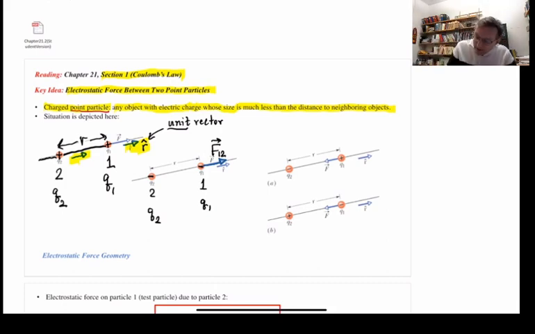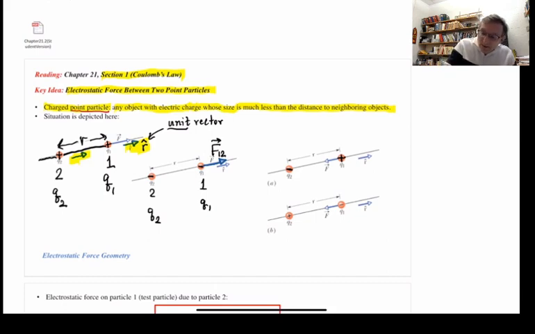All right, now let's look at this picture right here. Particle 1, we're told here, has positive charge, and particle 2 has negative charge. So now they have opposite signs of charge. One's positive, one's negative. So we want to draw the force on 1 due to 2.